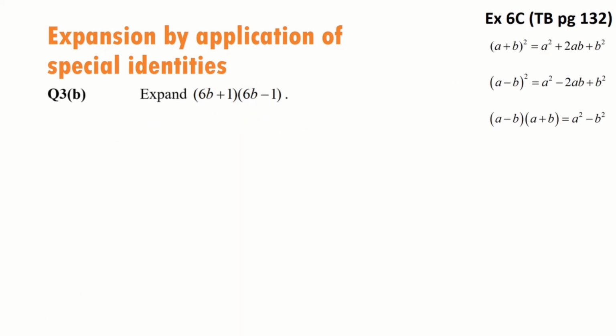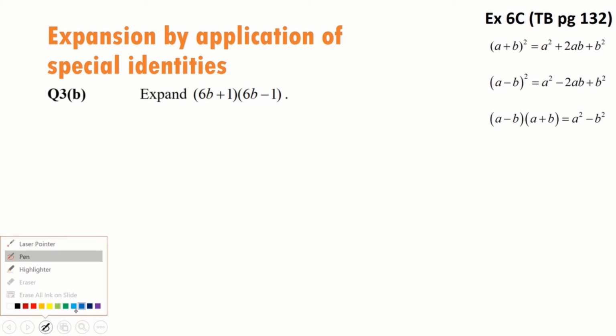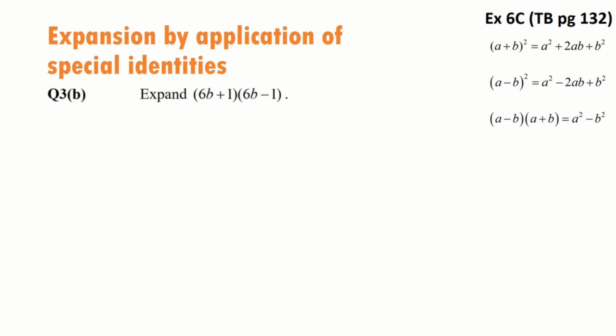Let's now take a look at question 3b, where we want to expand this 6b plus 1 and 6b minus 1. I hope that you see that there's a pattern going on over here where we have 6b and 1, and then 6b and 1 over here. The only difference between the two brackets is that this is a plus, this is a minus.